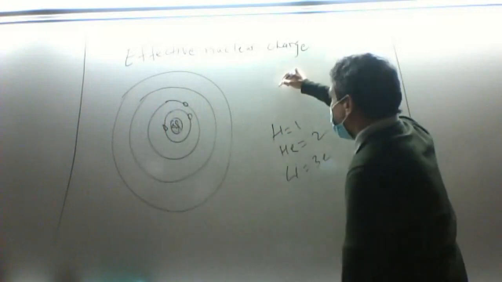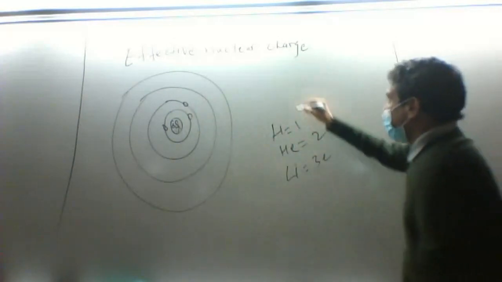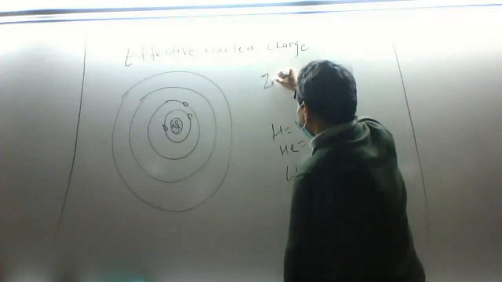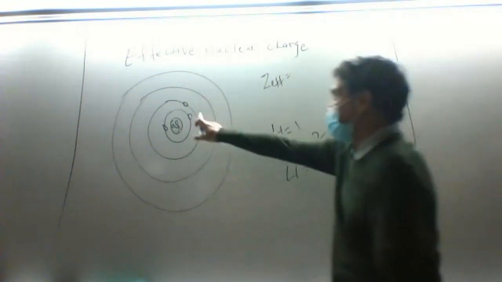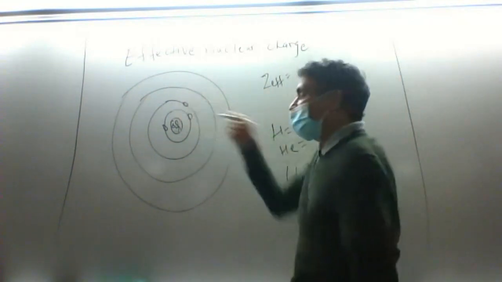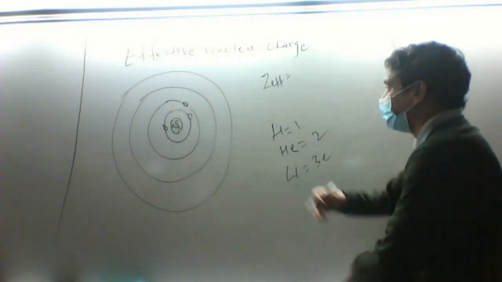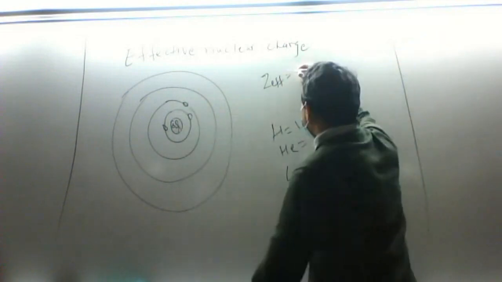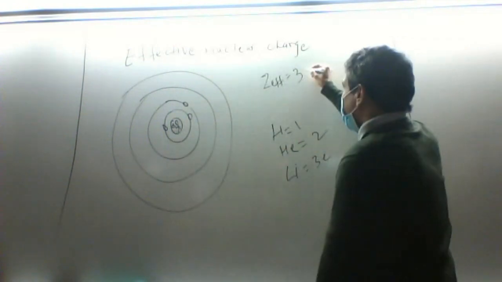So the effective nuclear charge of lithium for the outermost electron, we write ZEFF, is the effective nuclear charge felt by this electron. So the effective nuclear charge felt by this third electron in lithium is calculated as 3, the number of protons, minus.